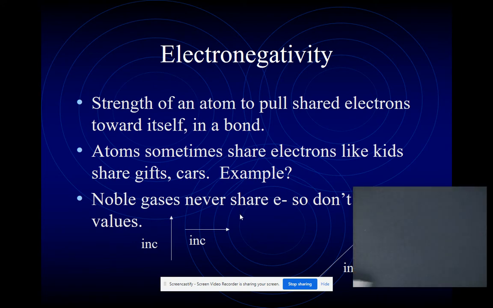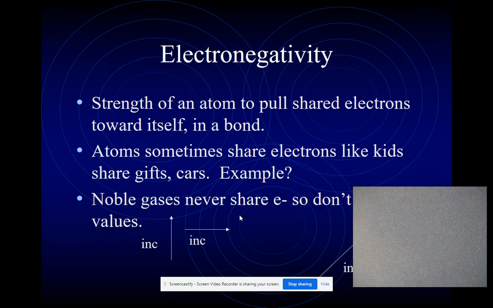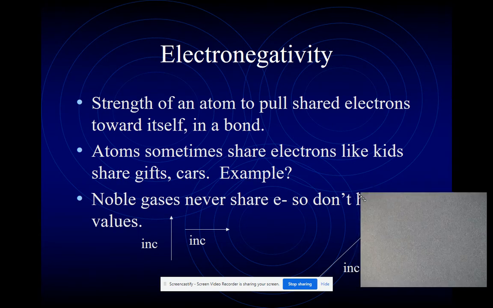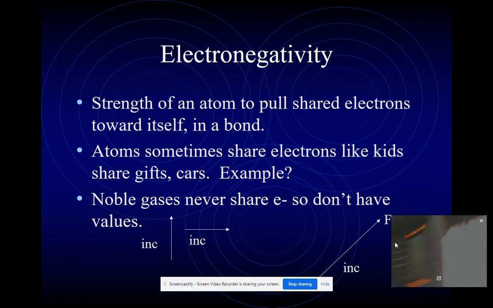The next pattern I want you to learn is electronegativity. Here's the definition. Electronegativity is the strength an atom has to pull shared electrons toward itself.